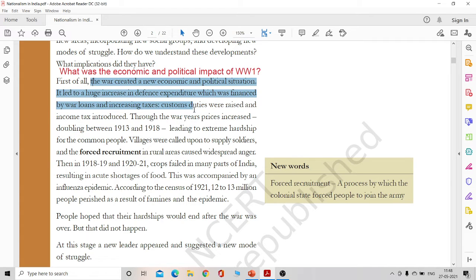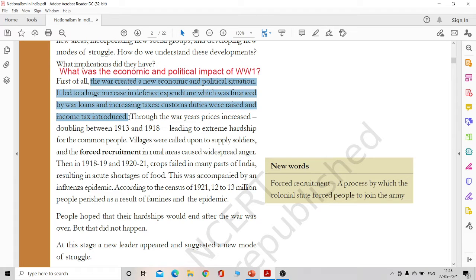Why? Because the defense expenditure for the war was financed by war loans and increasing taxes, and all the custom duties and the taxes were paid by the Indians themselves. So, at a point of time when the Indians were already suffering, they had to indirectly support the war by providing defense expenditure.